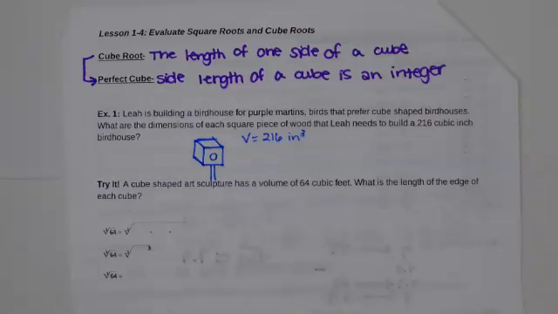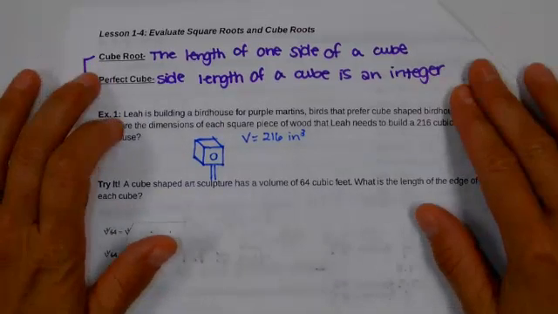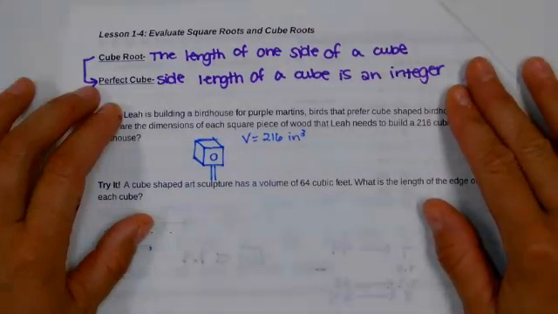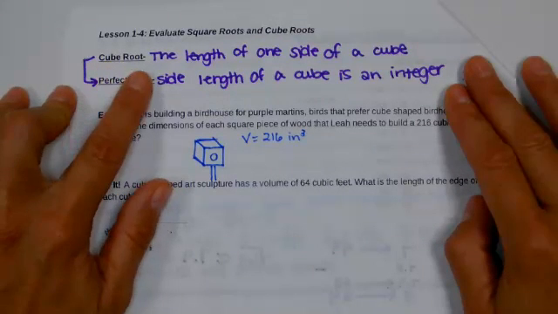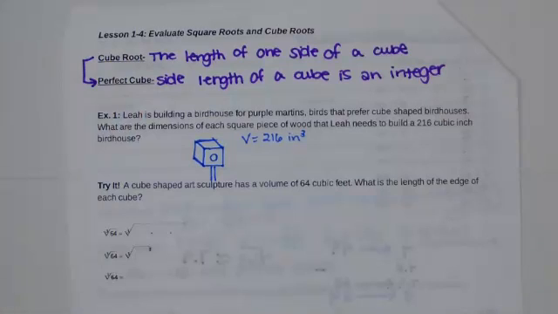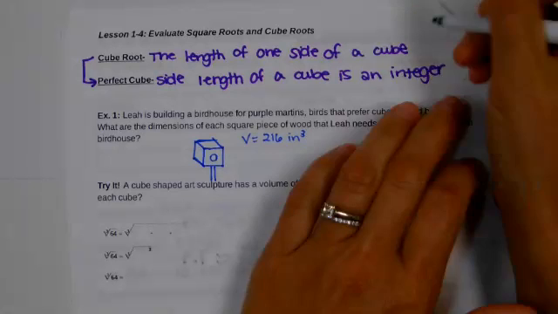Okay, so to start off, you may need to pause the video and get the actual definitions of cube root and perfect cube. Remember, when we're talking about the cube root, we're looking for the length of one side of a cube and we are given the volume. One thing that we should maybe put on here on our definitions is that a cube root looks like this.